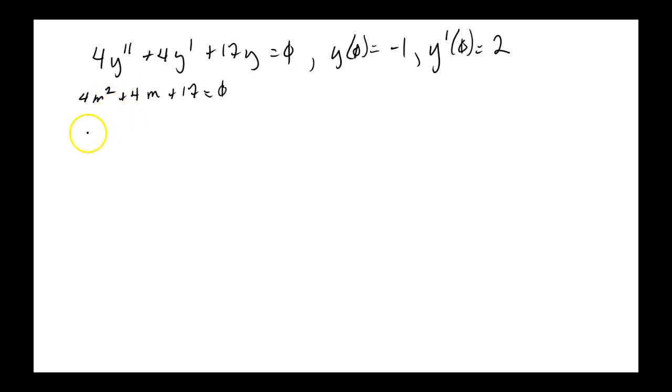M is equal to negative 4 plus or minus the square root of 16 squared minus 16 times 17. What's that? 16 times 16 is 256, and another 16 in there would be 272. I think it's 272, but I'm not sure. Check me on that.